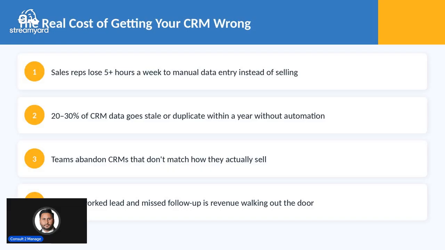Then 20 to 30% of CRM data goes into duplicates, issues, and improper data. To sort these issues, Zoho offers checks, validation rules, and built-in logic, which we'll go through shortly. Then, about 90% of CRM failures are because your team doesn't want to use the CRM.